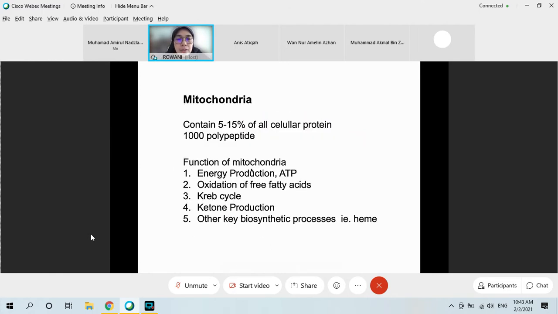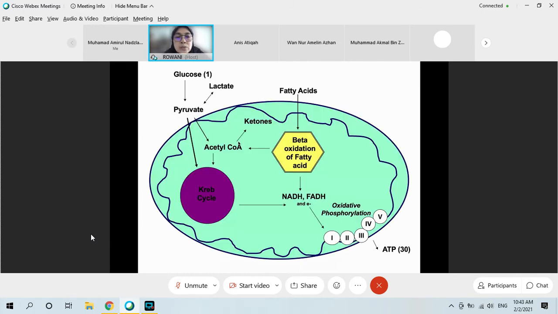But apart from producing energy, mitochondria also contain various key metabolic processes, your oxidation of free fatty acid, your Krebs cycle, ketone production, and things like heme production. Again, a cartoon drawing of your mitochondrial structure.